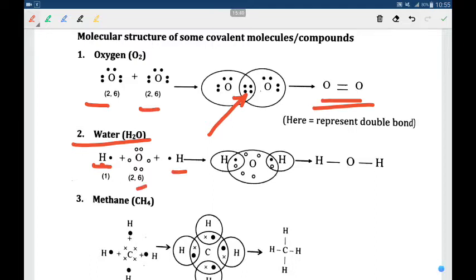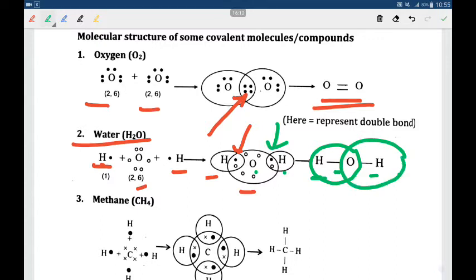Between this hydrogen and oxygen, one pair of electrons is shared, and between this oxygen and this hydrogen, one pair is shared. So single bond H, O, H. These bonds are formed by sharing of electrons.